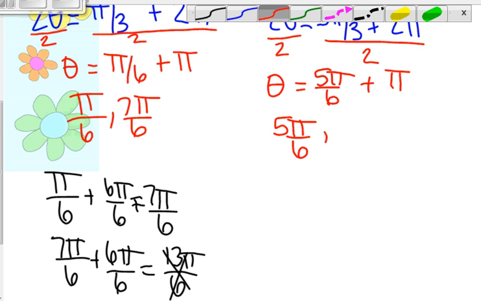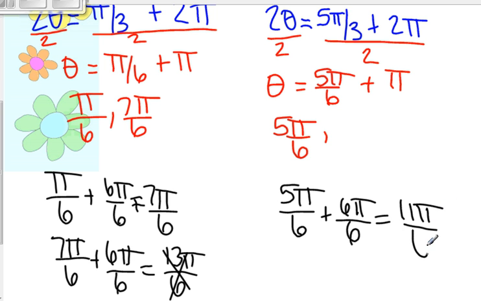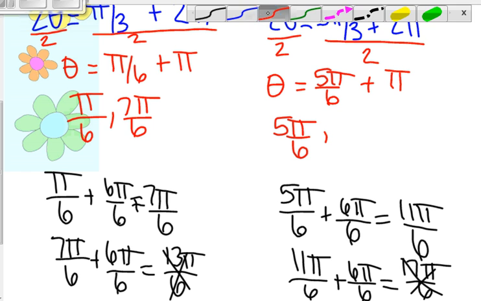Then we take 5 pi over 6 and add our 6 pi over 6, and we get 11 pi over 6. Then we take 11 pi over 6 and add 6 pi over 6 just to double check that they are indeed greater. So we get 17 pi over 6, which is greater than 2 pi, so we don't need that value. We just need the 11 pi over 6.